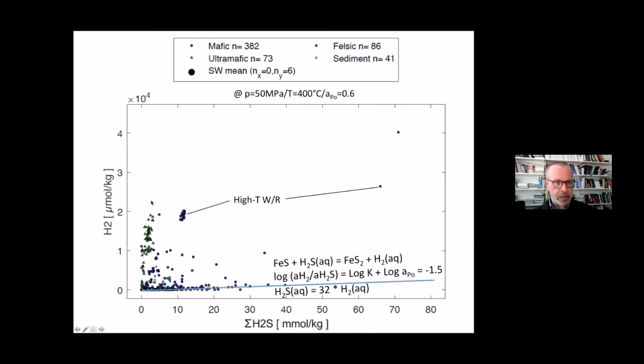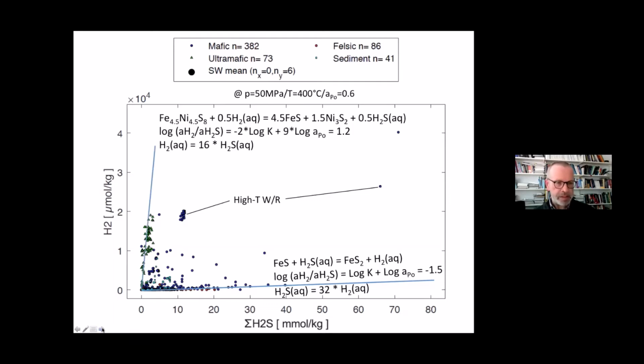So here we are looking mostly at ultramafic rocks, and ultramafic rocks don't have pyrite initially. Instead, they have a lot of pentlandite. And we know from studying these rocks petrographically that this pentlandite reacts and forms pyrrhotite and this sulfide here, which is heazlewoodite, and also magnetite.